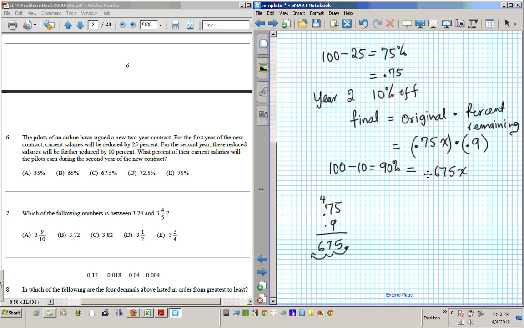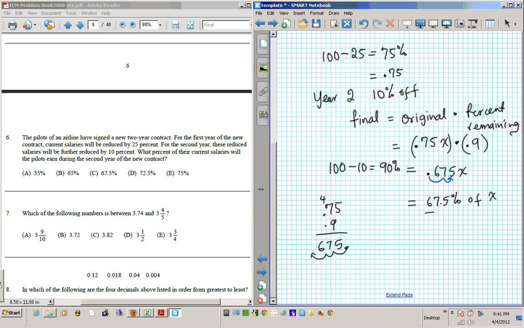Alright? So what is 0.675 as a percentage? 0.675 as a percentage means you just move the decimal point forward 2 places. 1, 2. Alright, so 0.675 in percentage form is 67.5 percent of x, the original amount.